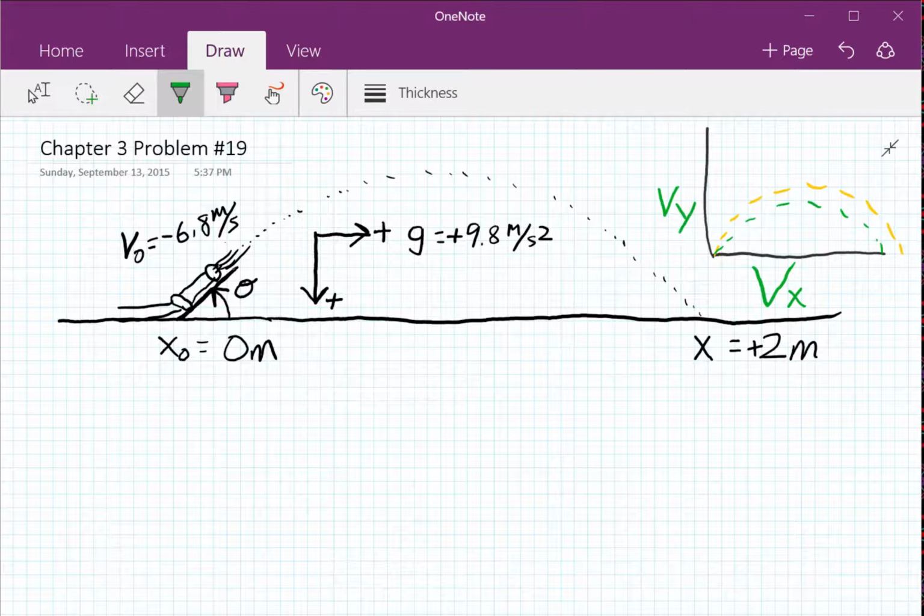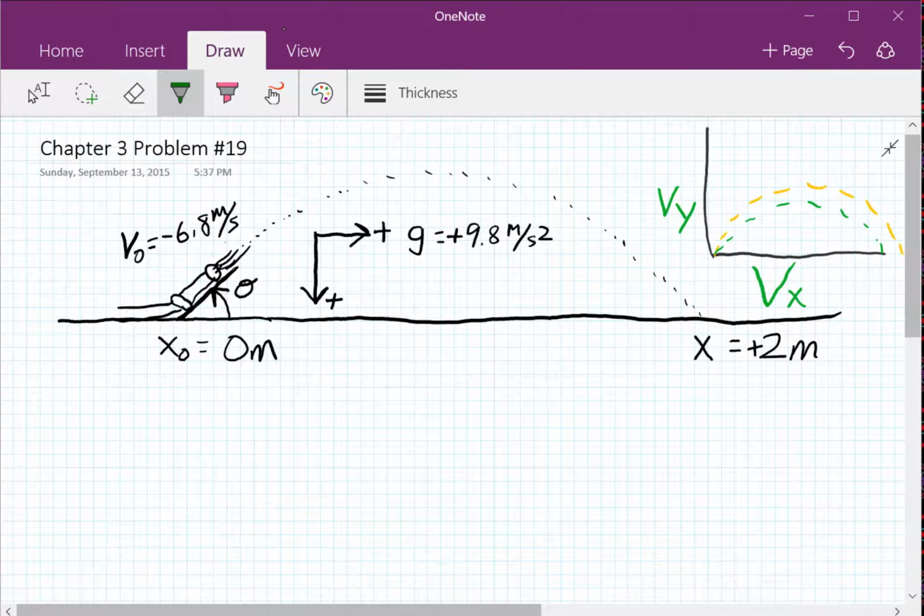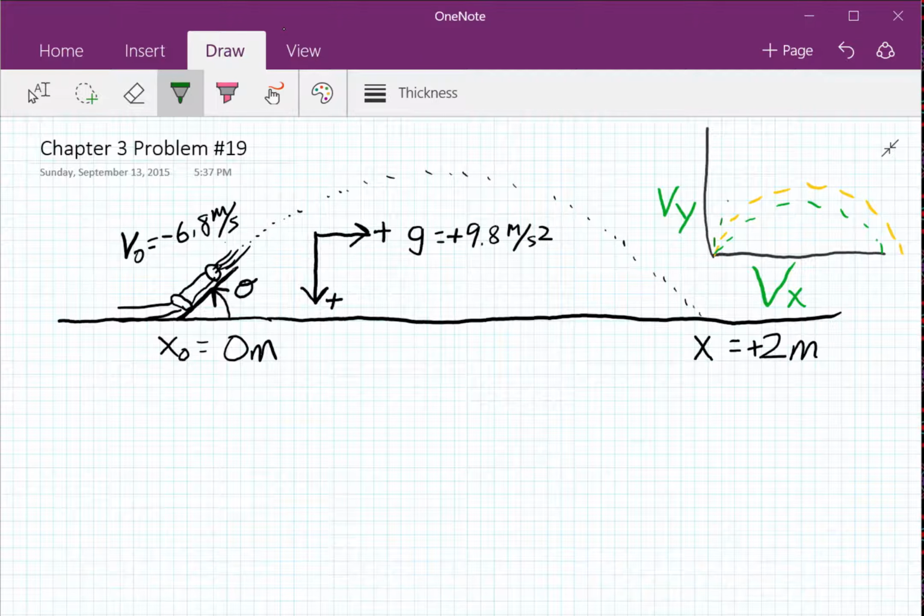So I try to show that graphically, where Vx is significantly larger than Vy, by just showing the size there. Okay. However, I'll do a different shade of green. If you did 60 degrees, Vy would be significantly larger than Vx.